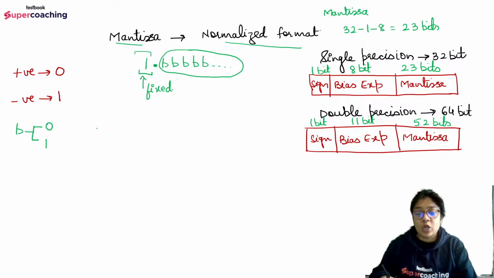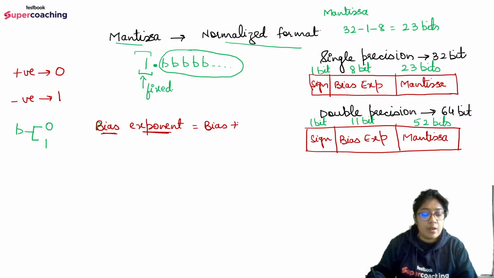Now, if we talk about the biased exponent, this is important one. Biased exponent is nothing but दो terms आ रही हैं. This is the sum of bias plus actual exponent.